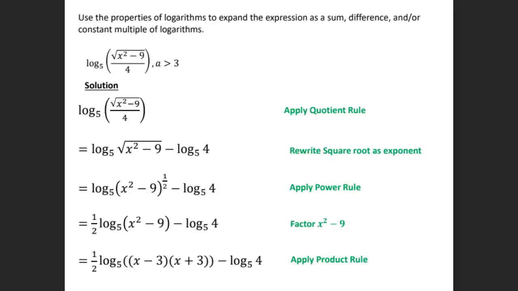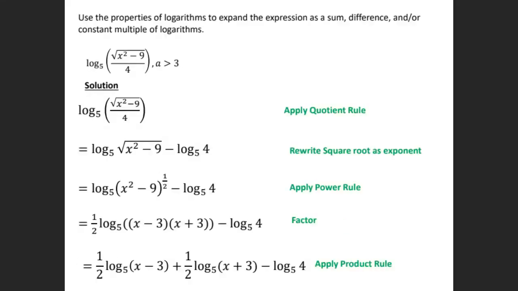So the final answer for this one is going to be 1/2 log of base 5 of x minus 3 plus 1/2 log of base 5 of x plus 3 minus log of base 5 of 4. Okay, don't forget to carry the 1/2. Since the 1/2 was multiplied to this whole one, I have to multiply the 1/2 to both of the product rules. Okay, do not forget those halves.